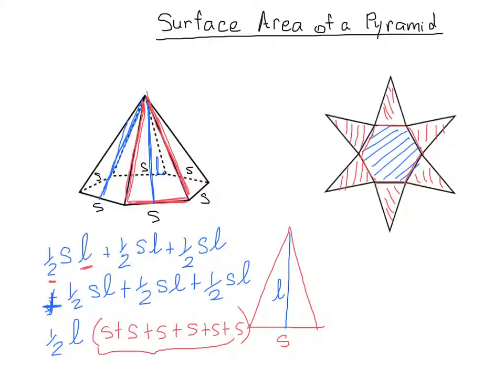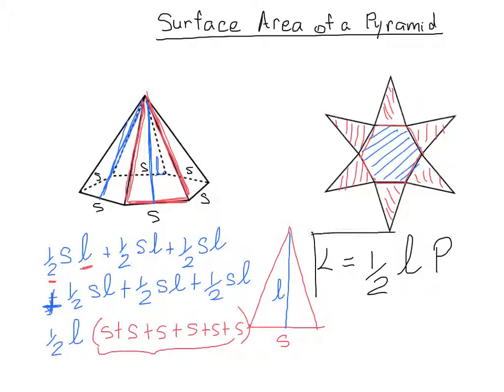So this is the magic of the situation. We just figured out the formula for the lateral area of a pyramid. Any pyramid, be it a hexagonal pyramid, a square base pyramid, a pentagonal pyramid, it doesn't matter. In every single pyramid, lateral area, which I'll call L, is going to be equal to a half the slant length times the perimeter.